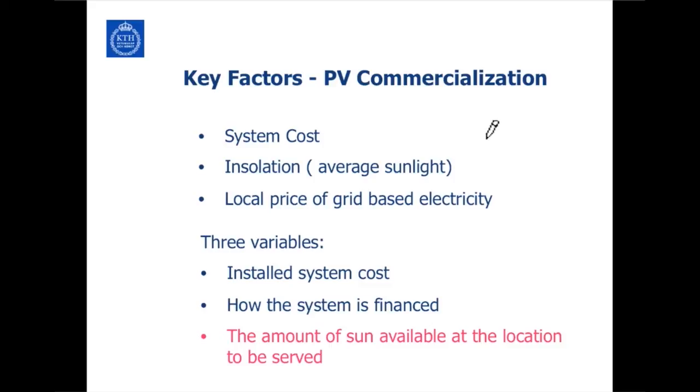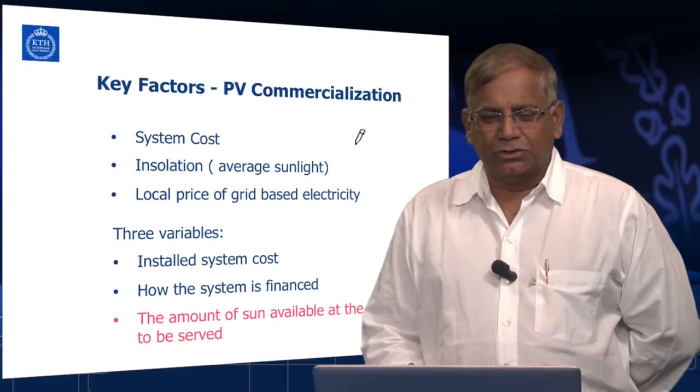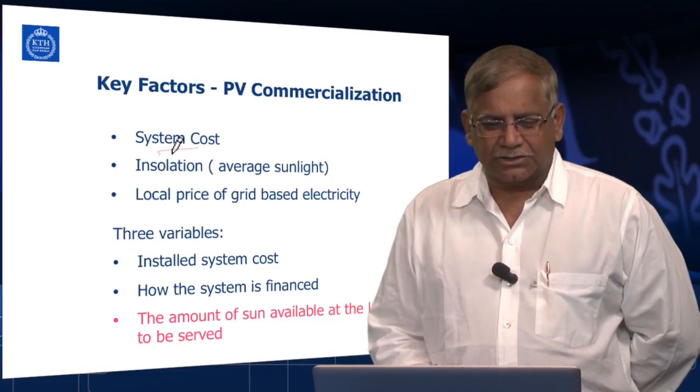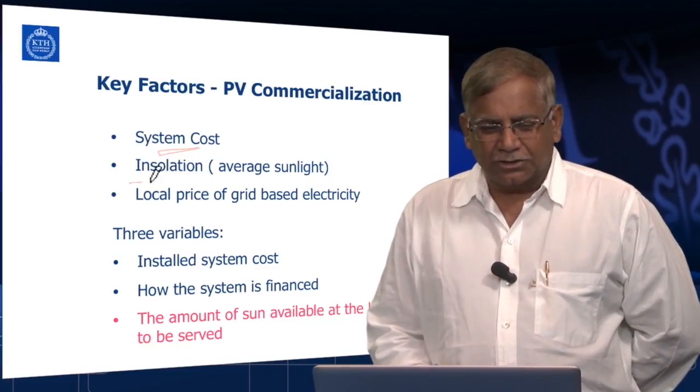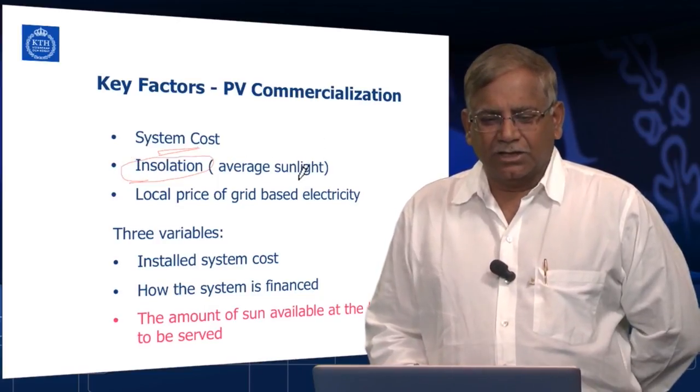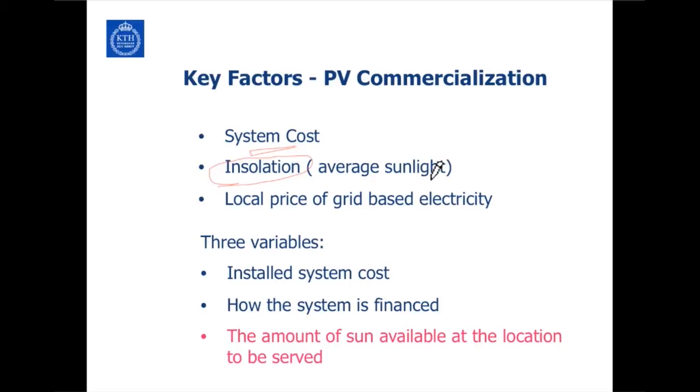In this section we are going to talk about irradiance and how it is related to commercialization of PV. The key factors for commercialization are the system cost and the insolation, which is a very important factor. This is essentially the average sunlight hitting the solar panel on earth. The other is the local price of electricity, which allows us to see whether we need any subsidies or not.